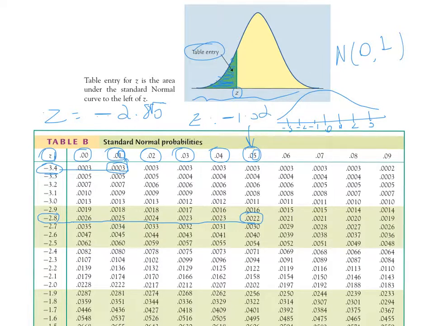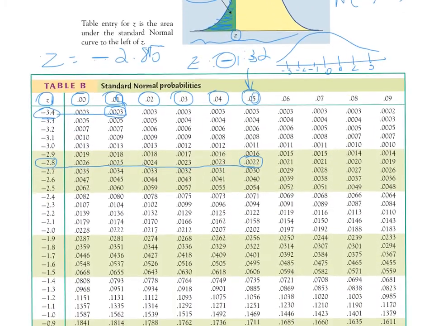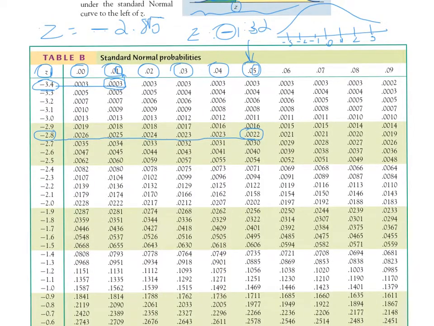Now suppose I want to find the area to the left of z equals -1.32. It's still negative, so all the negative values are on this page. So let's see where we can find -1.3. We're looking at the first column headed by z, and -1.3 is right here.